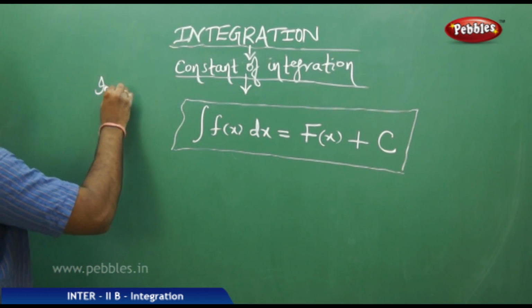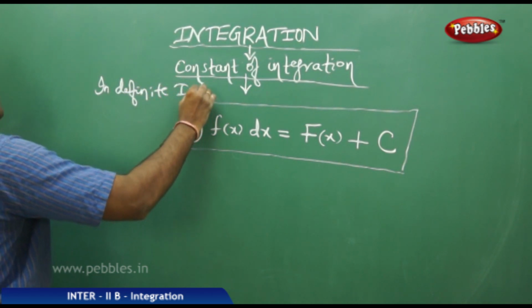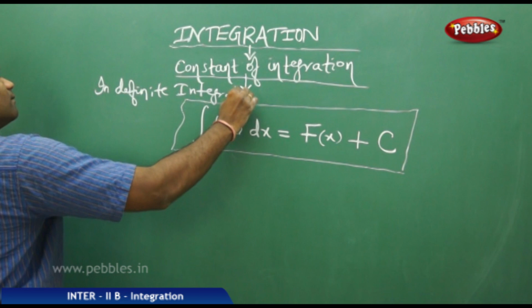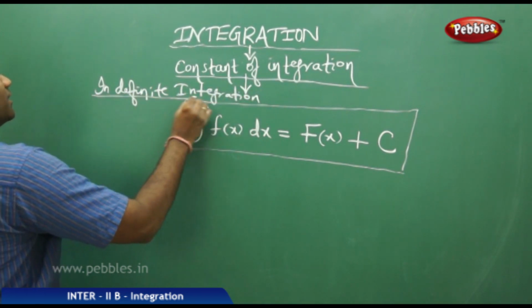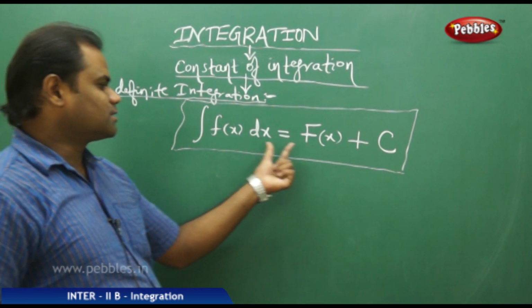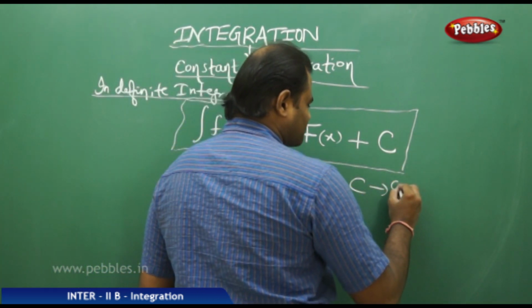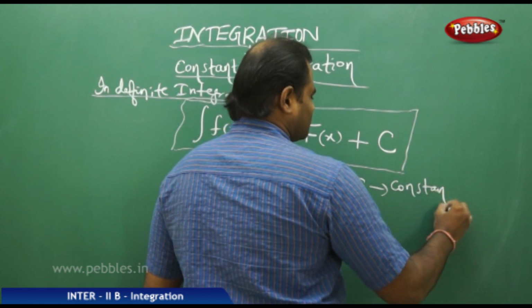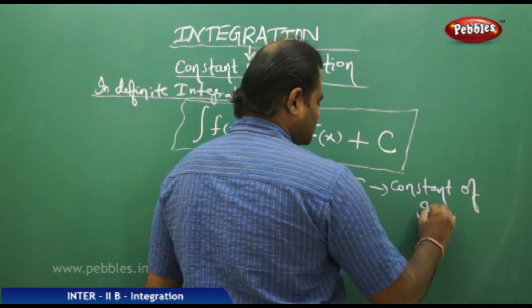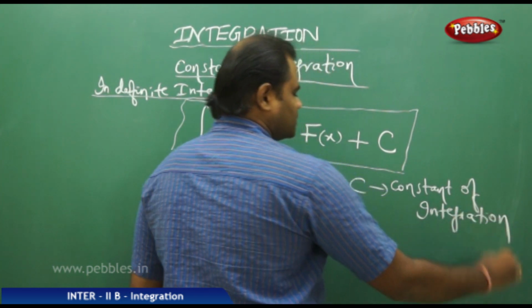For indefinite integration, I have integral f of x dx is F of x plus c, where c is the constant of integration. C is called the constant of integration.